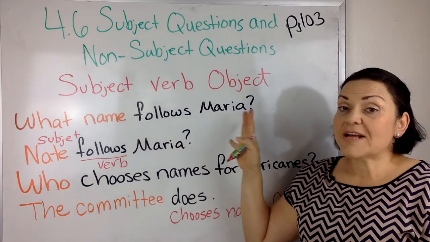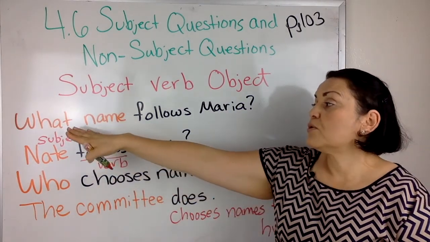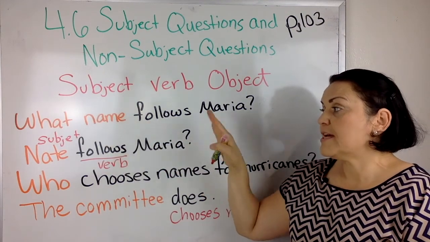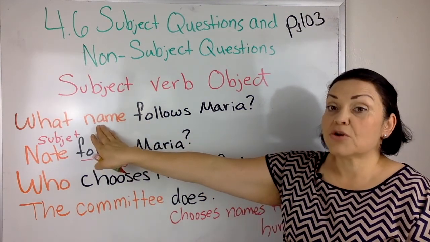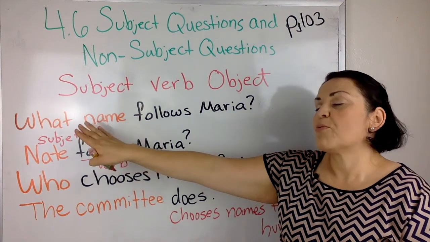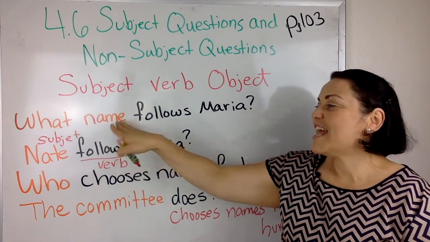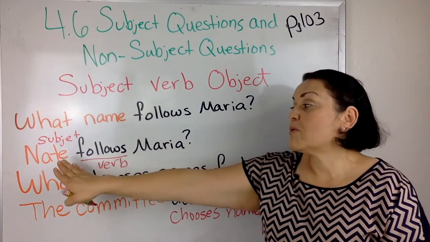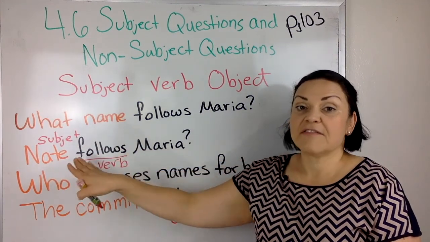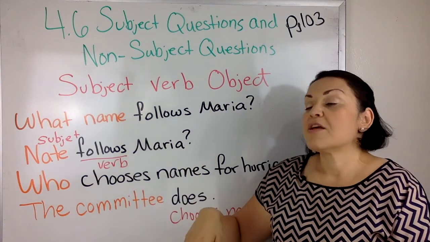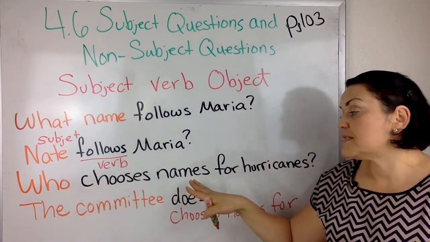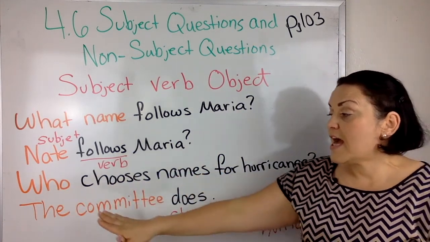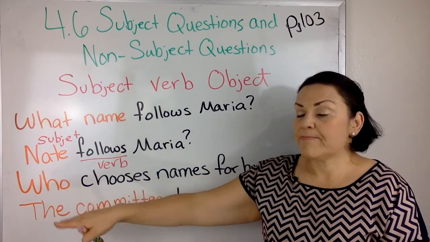So when we look at the question, if it says what name follows Maria, we want this answer, what name? So we want the subject answer, Nate follows Maria. When I say who chooses names for hurricanes, I want to know who.